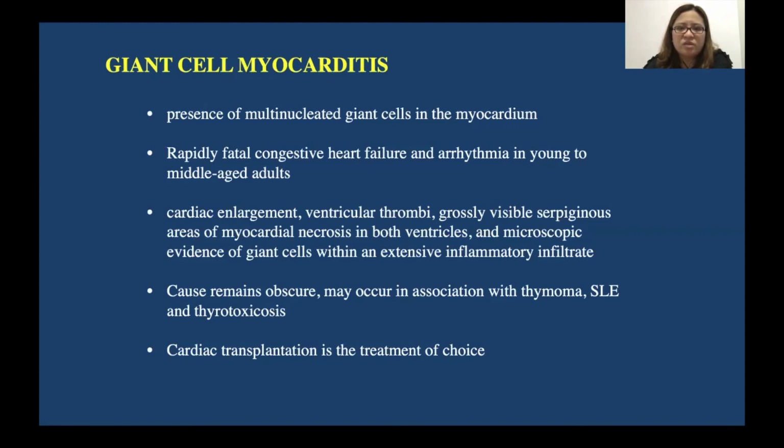There is microscopic evidence of giant cells with an extensive inflammatory infiltrate. The cause remains obscure and may occur in association with thymoma, SLE, and thyrotoxicosis. The treatment of choice for giant cell myocarditis is cardiac transplantation.